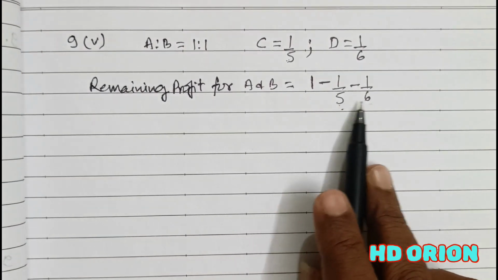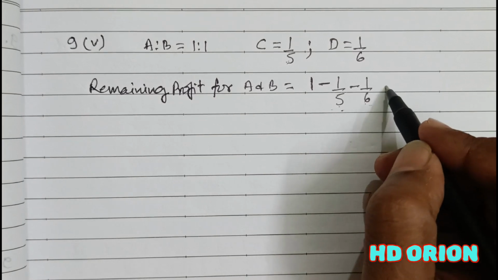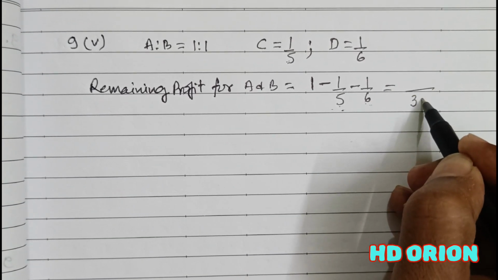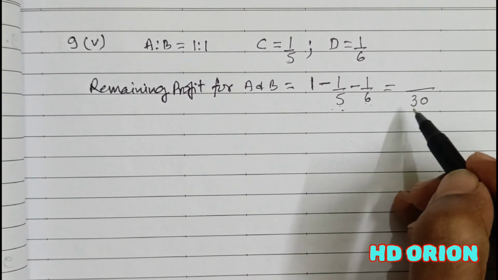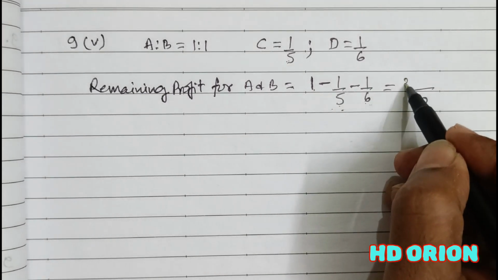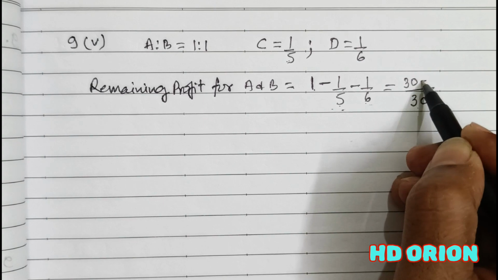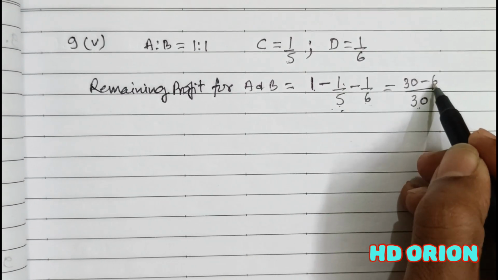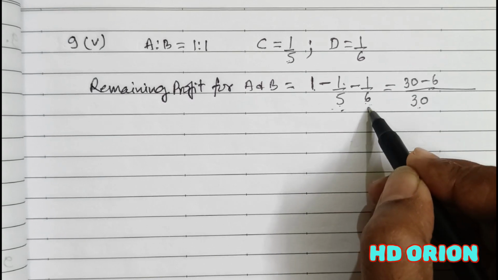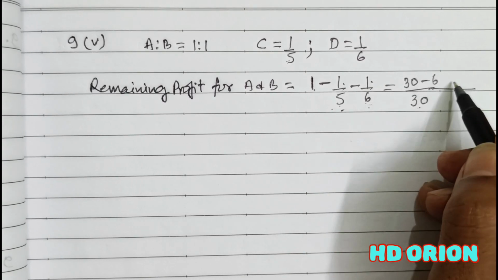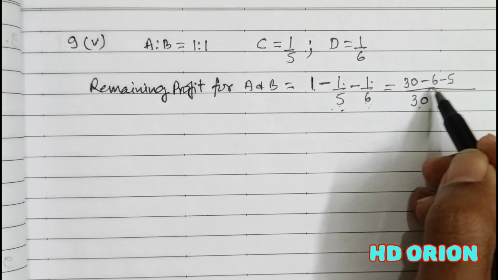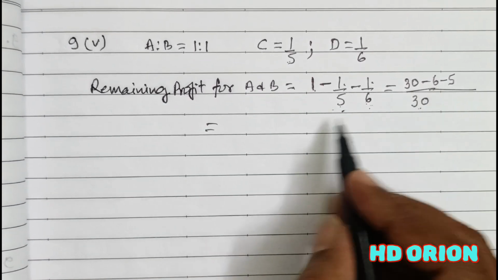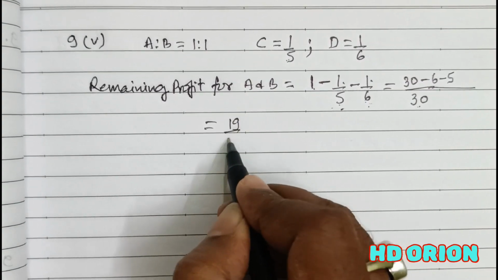Now when you take the LCM of 5 and 6, you get LCM as 30. So 30 multiplied by 1 is 30, minus 30 divided by 5 is 6 multiplied by 1 it is 6, and 30 divided by 6 is 5 multiplied by 1 is 5. So it is how much? Remaining profit is 30 minus 11, that is 19 by 30.